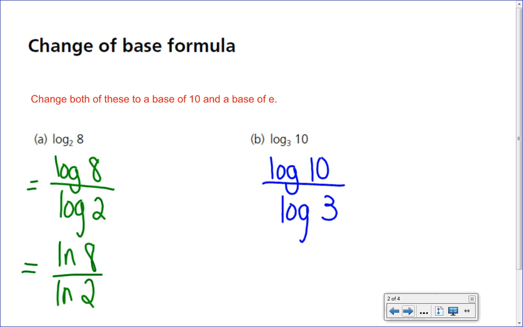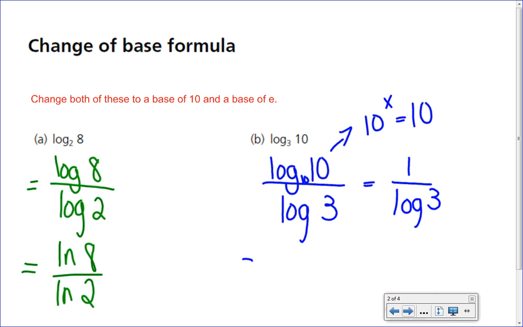And notice if we have a base of 10, if we were to simplify this, we're thinking in our heads, 10 to what power gives me 10? And of course, we know 10 to the power of 1 is going to give us 10. So this whole logarithm, the entire numerator, is then equal to 1, if we're simplifying. Okay, and this is also equal to natural log of 10 over natural log of 3.